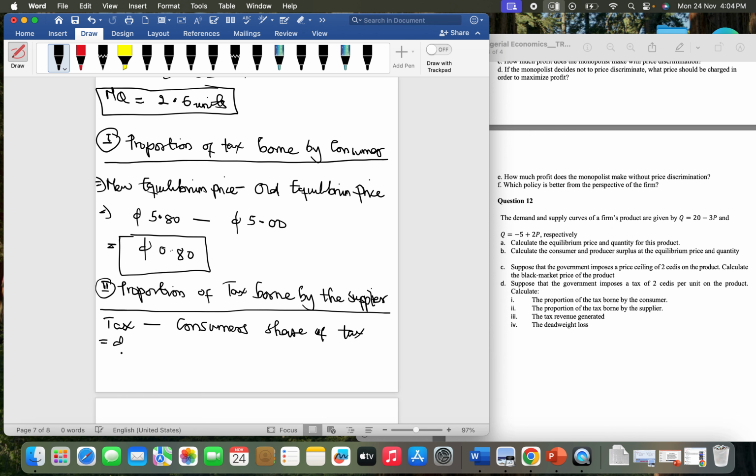So the tax was 2 cedis minus 0.80, which gives us 1.20. So the proportion of tax borne by the supplier is 1.20.